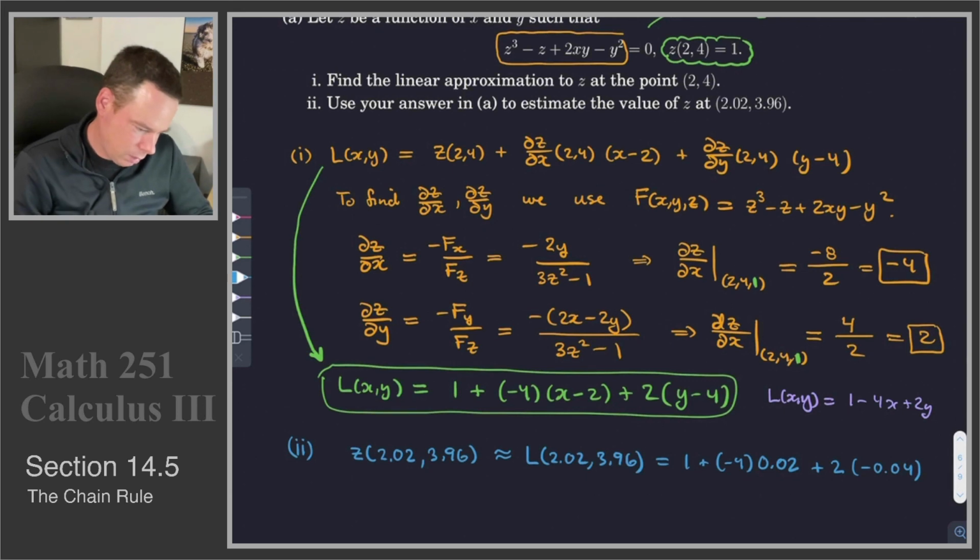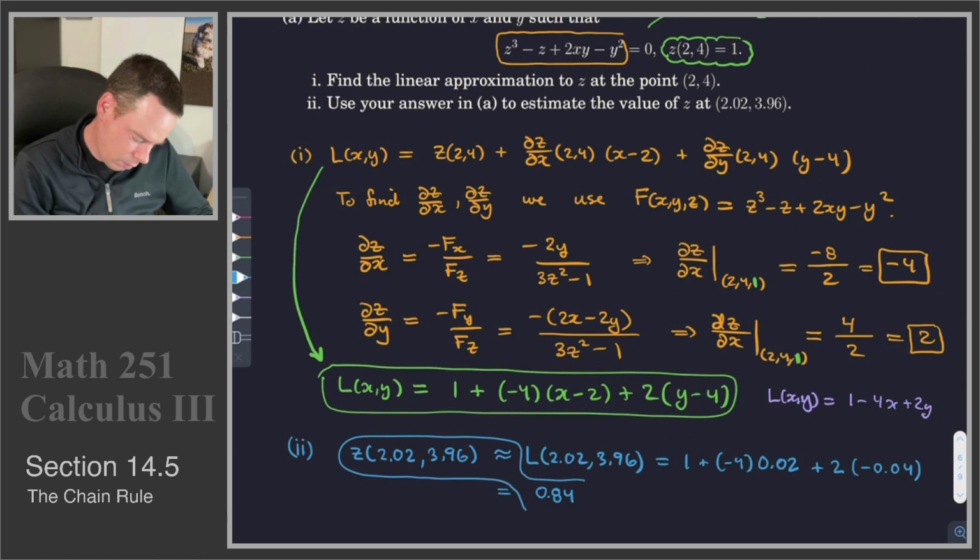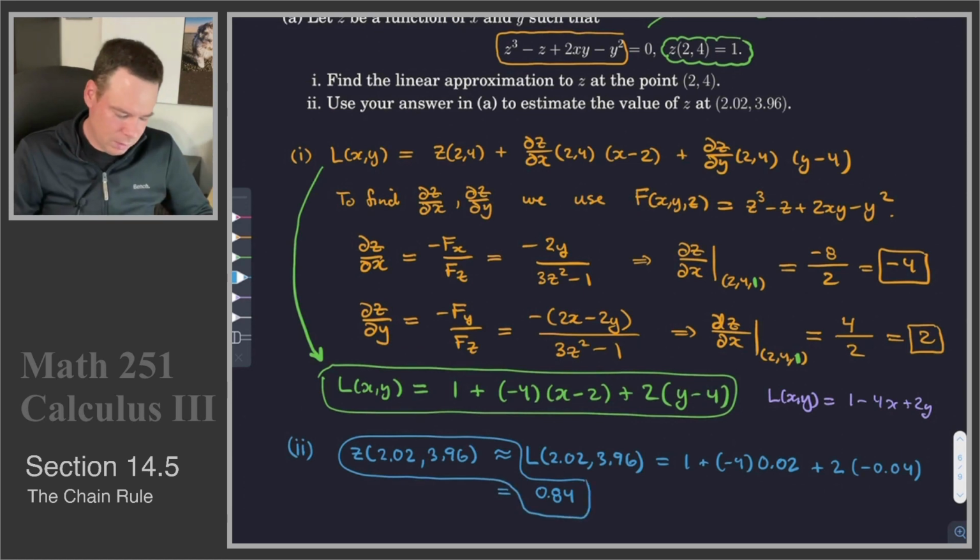And so there are our corresponding values plugged into the linearization, and we can work out this. This is roughly 0.84. And so what we have is that the z value is approximately given by 0.84. So we use the points on the tangent plane to approximate the points on the surface, because the tangent plane is a good approximation of the surface near the point in question.